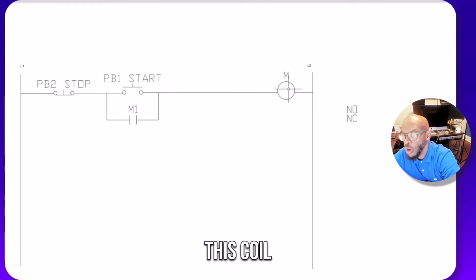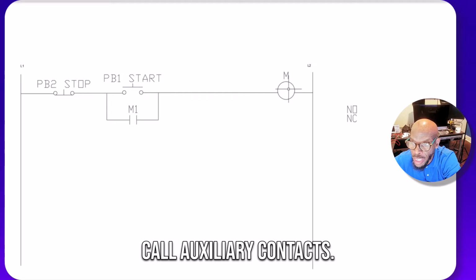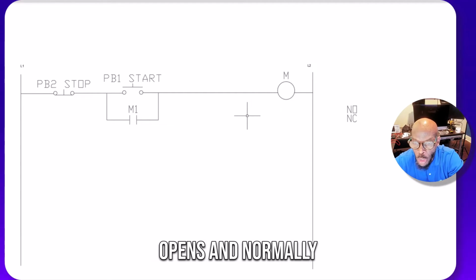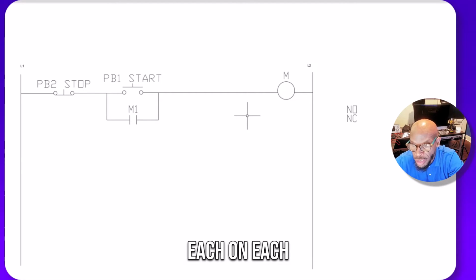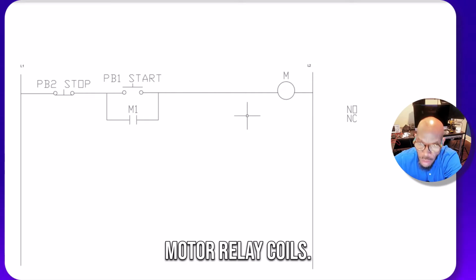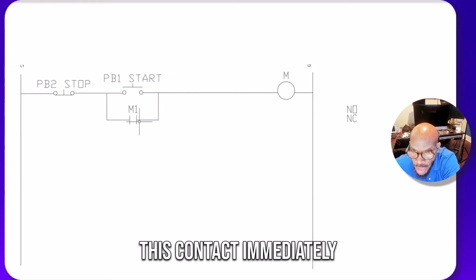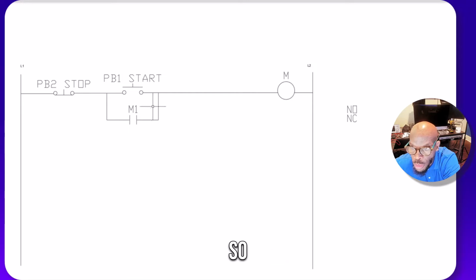Well, this coil has those contacts I told you about, and they're called auxiliary contacts. You get different sets of them. There are normally opens and normally closed. Usually you'll have 3 sets of each on each one of those motor relay coils. So what happens is when this is energized, this contact immediately closes.